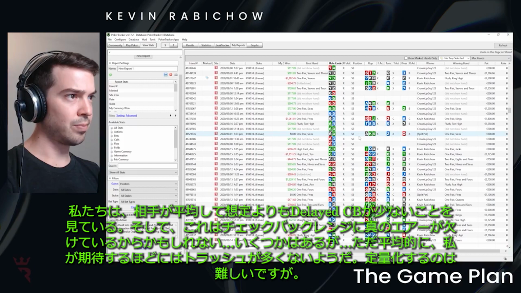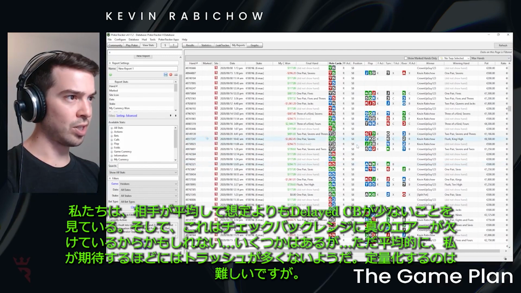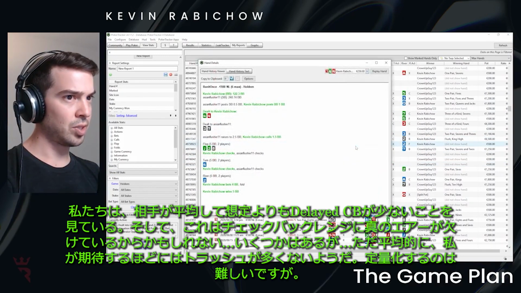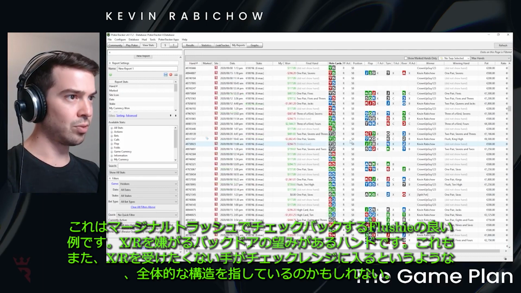So definitely seeing some, but just on average, not quite as much trash as I would expect. This is a bit hard to quantify. Here's a good example of Flushy checking behind marginal trash, some backdoor hope, something that doesn't want to get check raised. This again could be pointing to an overall structure, right?